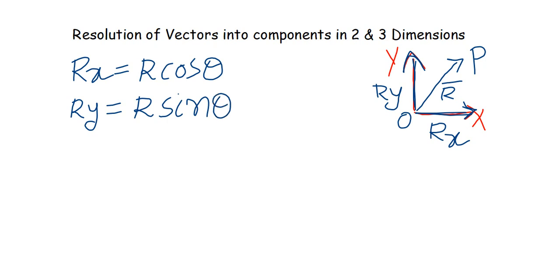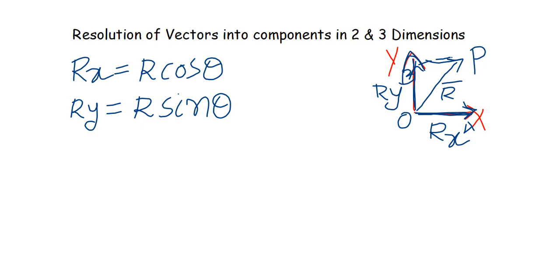So here the vector is OA in x direction, OB in y direction. So OA is equal to BP is equal to rx.